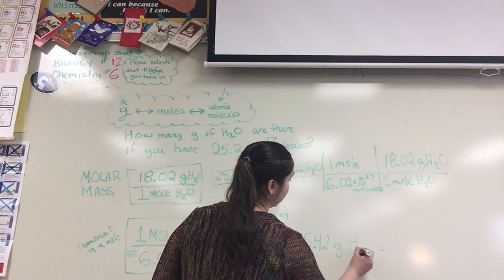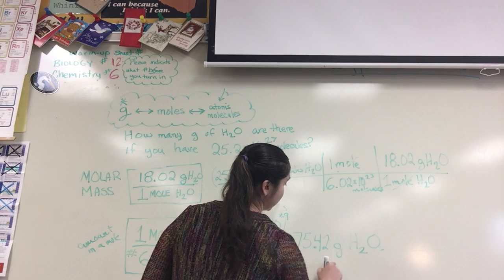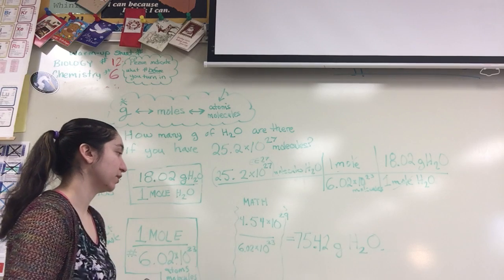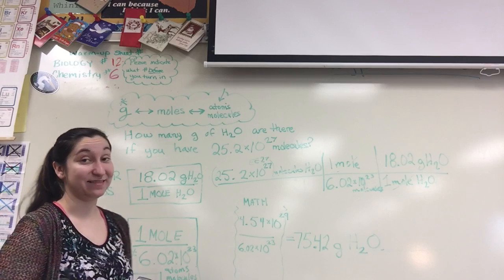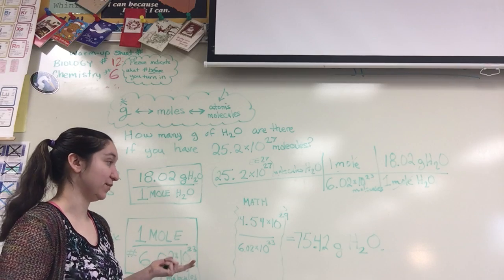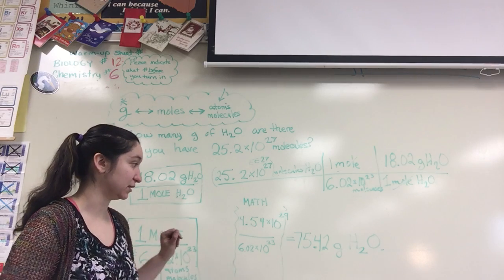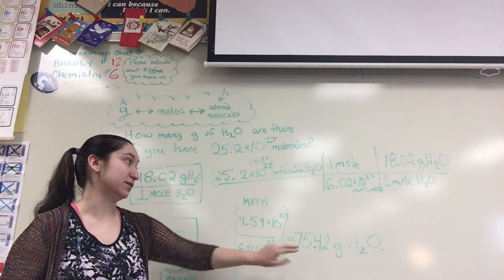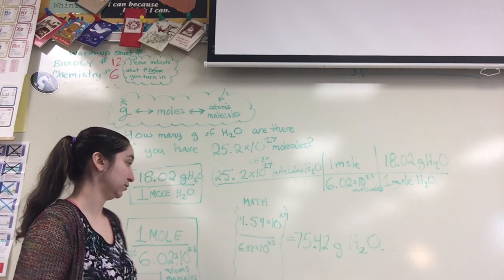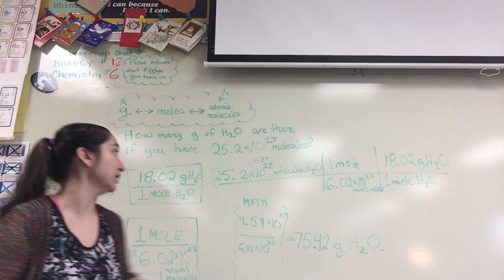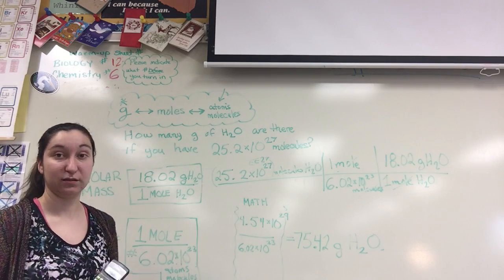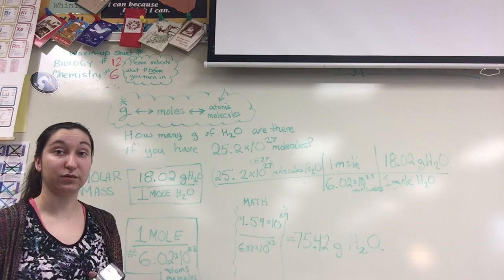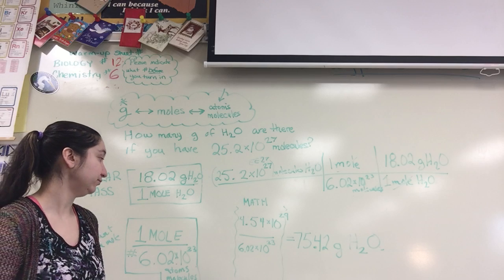We're talking about water. So we've got grams of water. This means that if I wanted to get this many molecules, theoretically I could do all this, and I could go to the back and weigh this out, and this amount would be equal to this many molecules, which is pretty cool that you can actually do that.